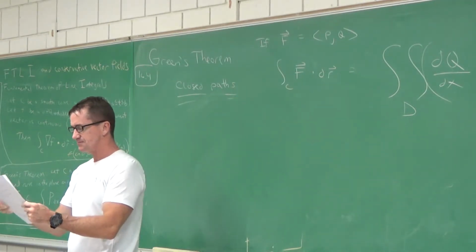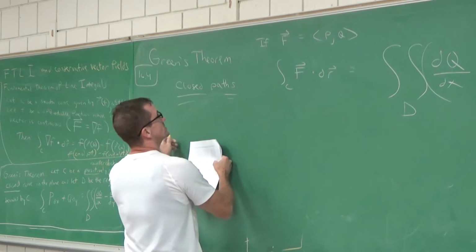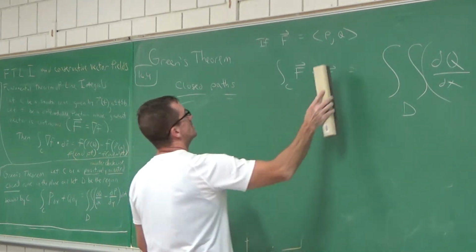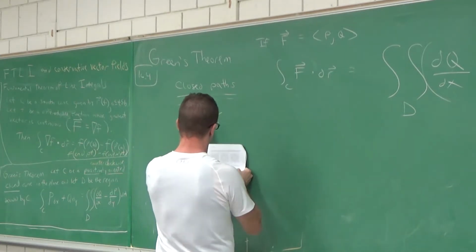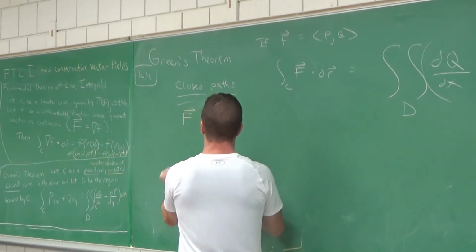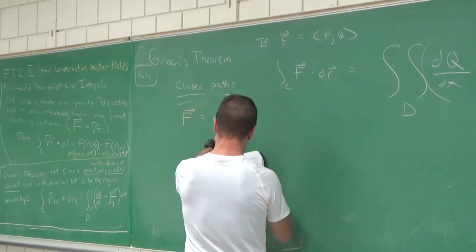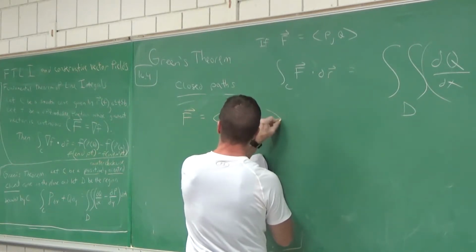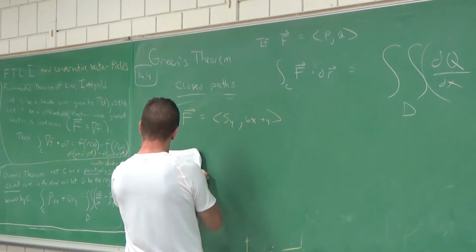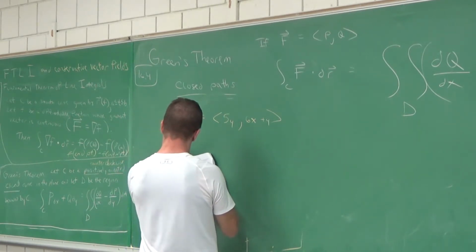Number 10. Here's the vector field: 5y, 6x plus y. Now notice they wrote on this problem that this was the path.